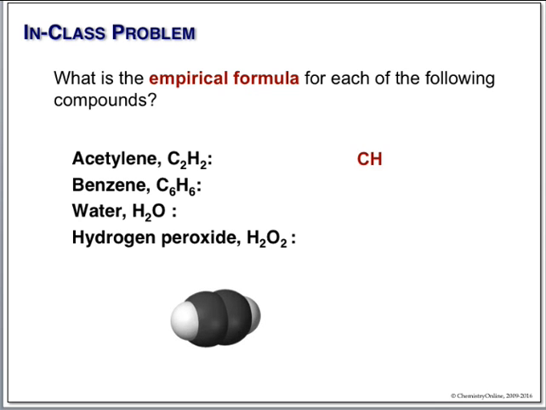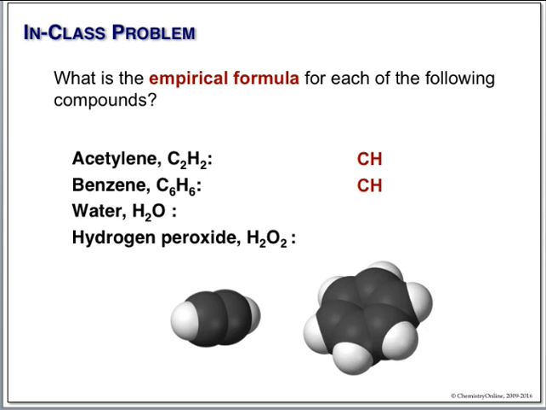Empirical formula CH. This is actually a carbon-carbon triple bond between the 2 carbons. Benzene. 6 carbons, 6 hydrogens. It's also CH. This is what benzene looks like. A nice flat ring, double and single bonds all the way around the ring.